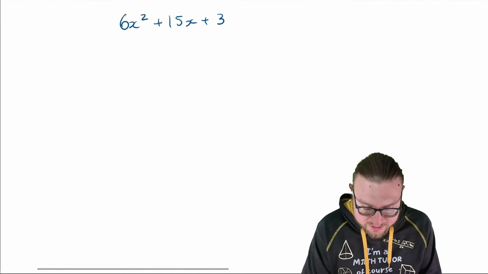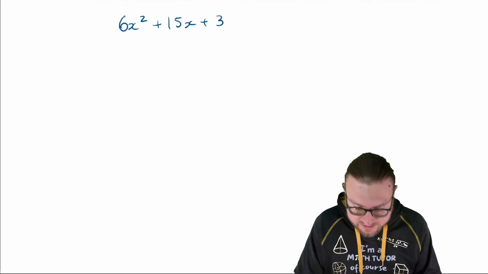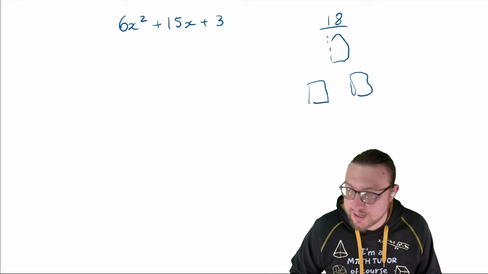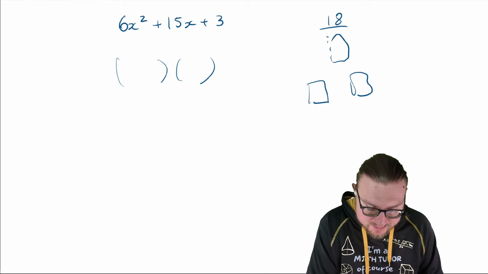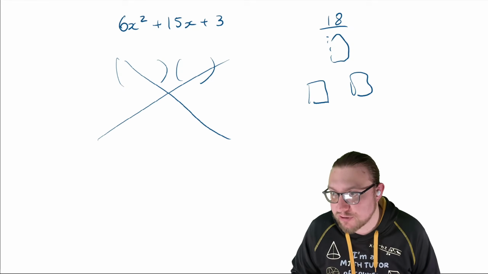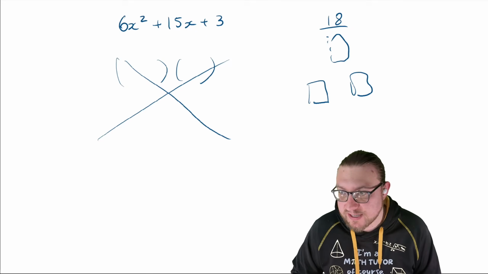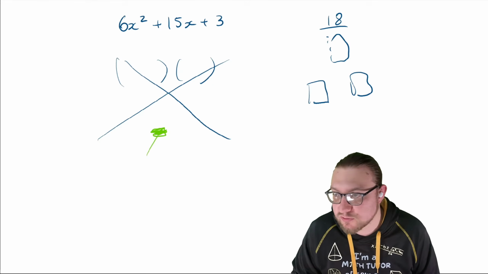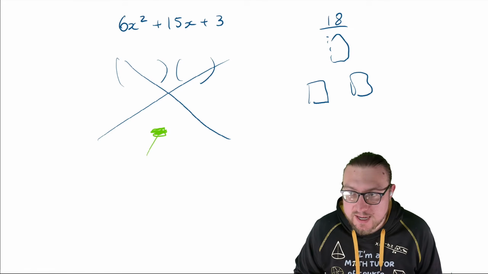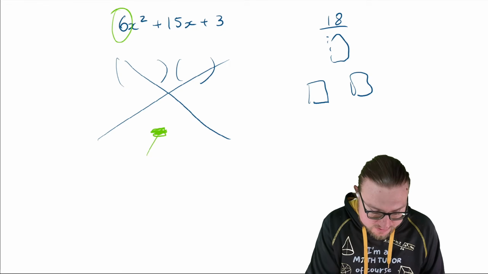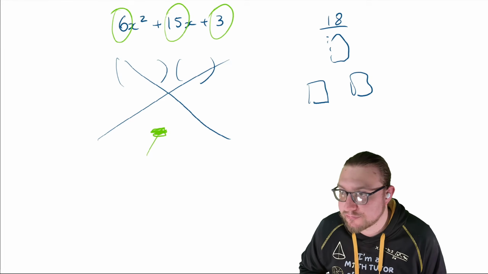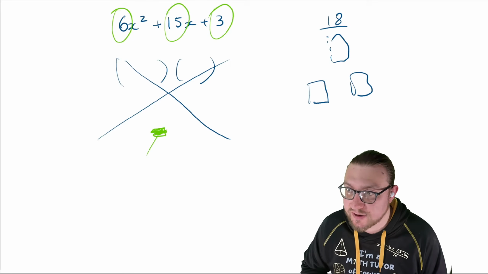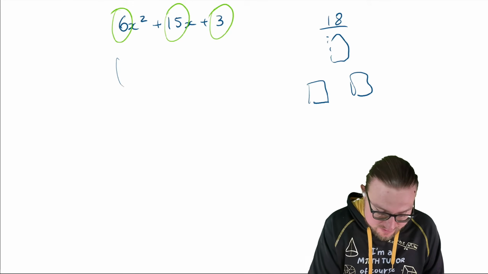Now, if you do the method here, where we do 6 times 3 is 18, write down the factors of 18, which two numbers add and multiply correctly, write them into the brackets, simplify, this will not give you the correct answer. The reason for that is because we're using the simplifying part closer towards the end of our steps, and this doesn't work if all of those numbers share the same factor. So if we have something that we can divide by, then we need to first divide everything by that. Factor that out as an individual.